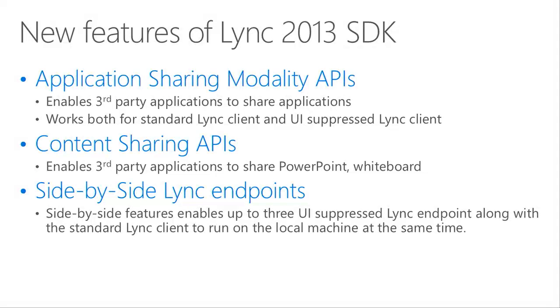This is sometimes useful for some scenarios like an attendant scenario. The attendants can have their own Lync signed in and have some applications running with different credentials so that they can transfer calls using those credentials. That's the 3 major features that we have added in the Lync 2013 SDK.